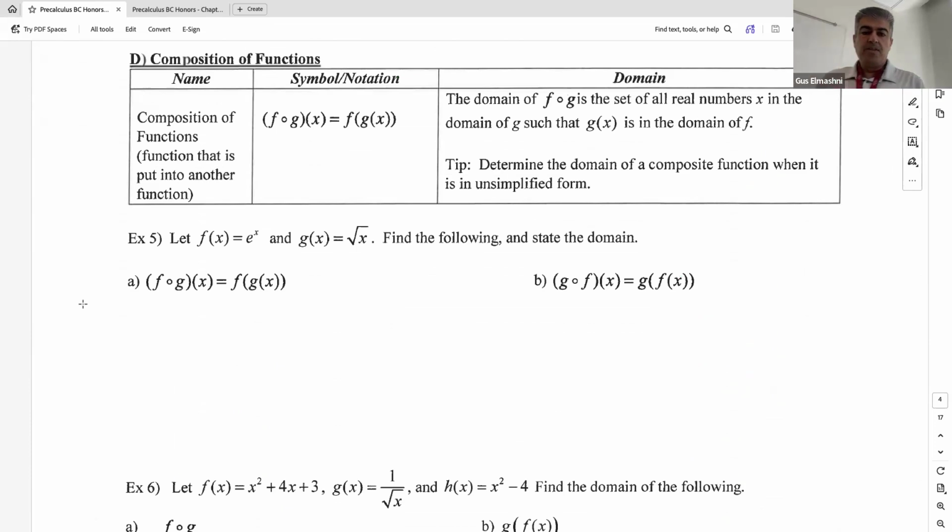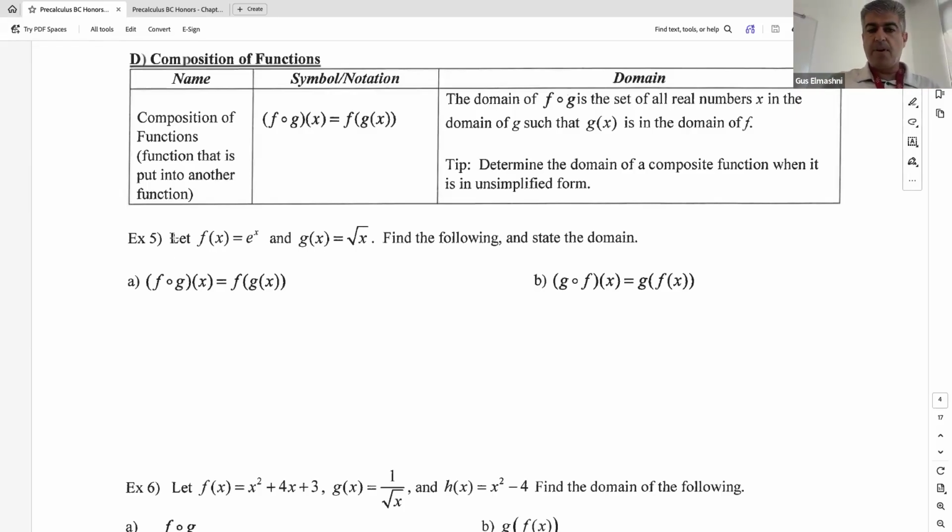Okay, so it looks a little funny. Kind of looks like the word fog. Someone's probably in fog right now. It means f of g of x. So this is a symbol used for a composite. So g is the inside, and f is the outside. It's kind of like a function machine. You put something into the g function, the output becomes an input for the f function, right?